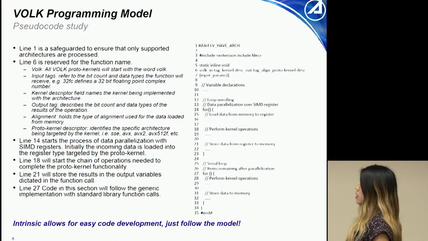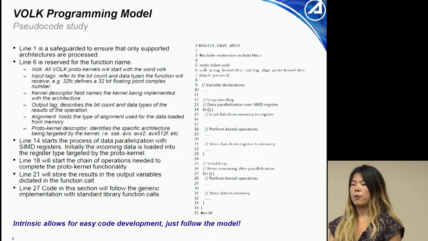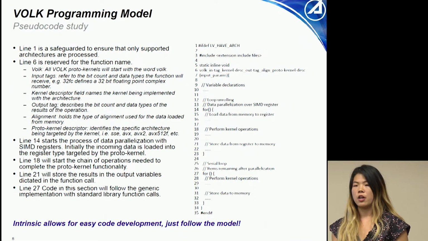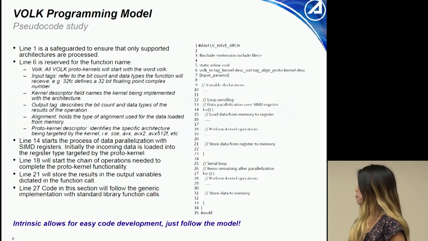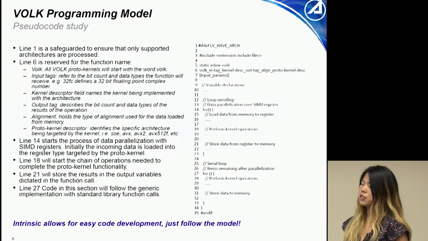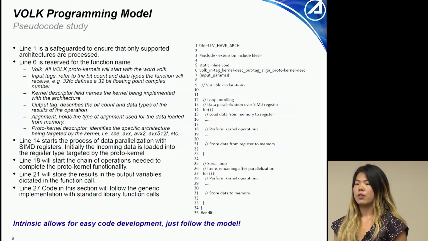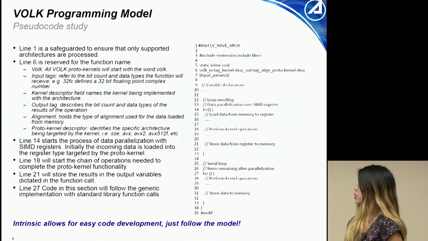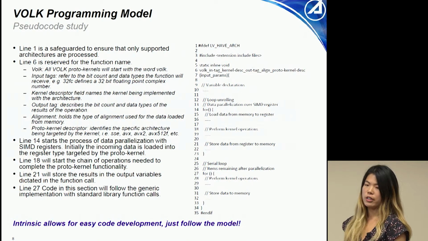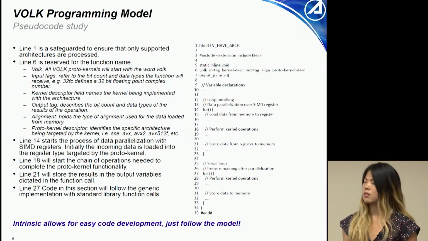So what happens in this loop is we operate on chunks of the register size. We load them from memory, perform the operation on them using the SIMD intrinsics, and then store them back into memory. We continue this loop until we've gone through all the multiples of the register size, and then for any data that's not a multiple of the register size, down here, we just perform the operation in serial. So that's non-optimized.